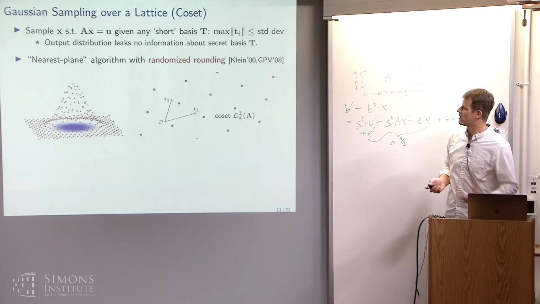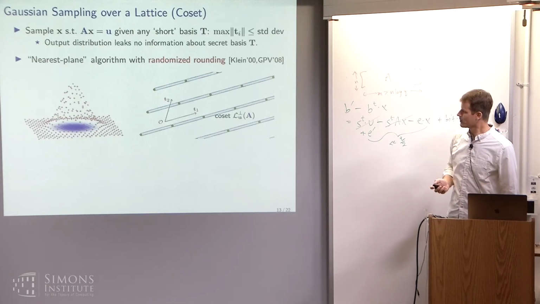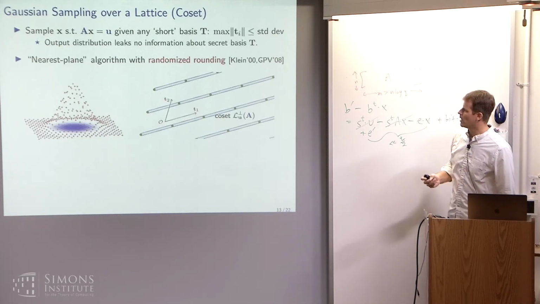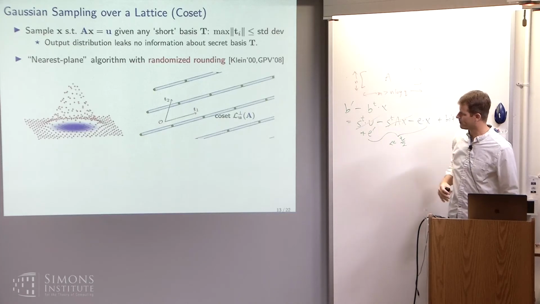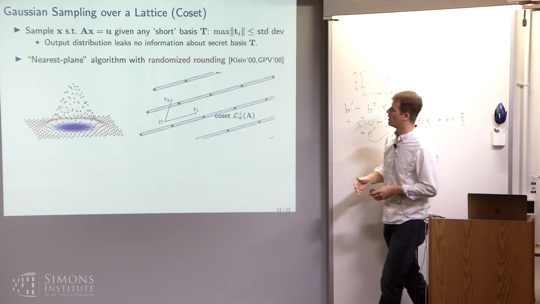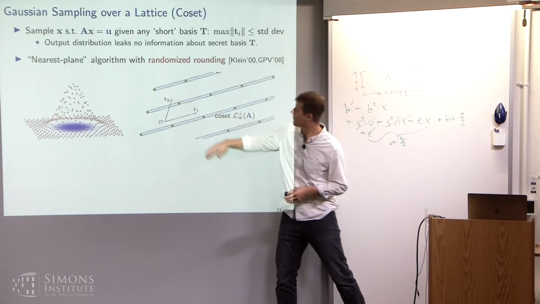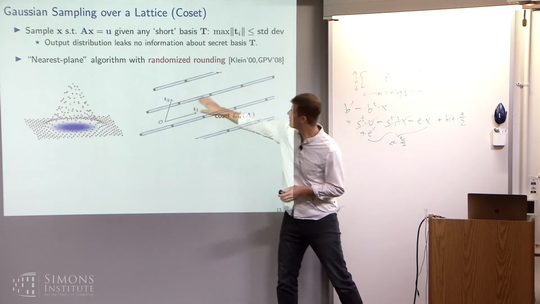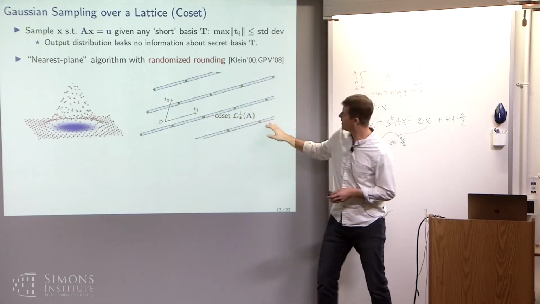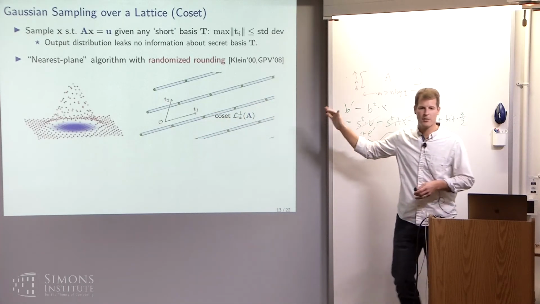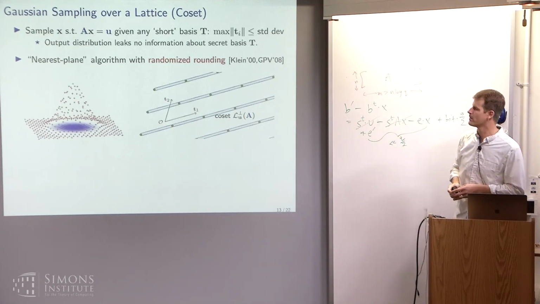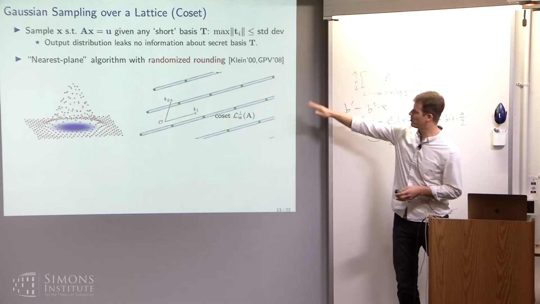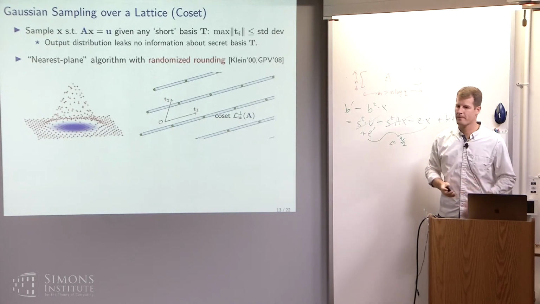So here's the approach. It's an iterative algorithm. What we do is imagine partitioning the coset according to the multiple of T2. So we kind of have a plane and another plane and another plane, where within each plane they have the same multiple of T2, but arbitrary multiple of T1.